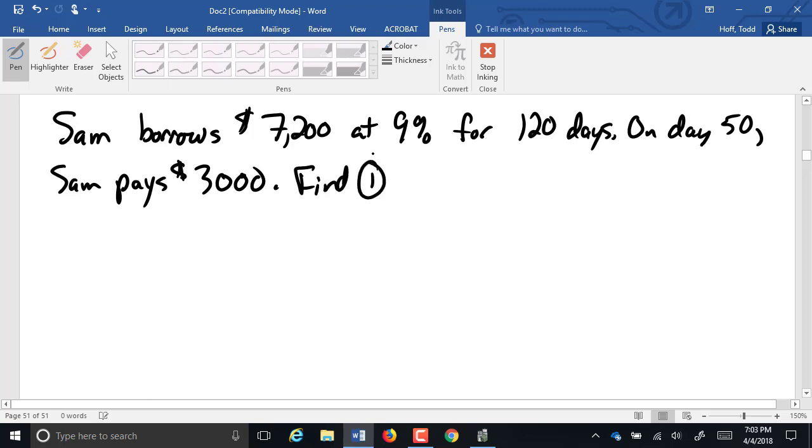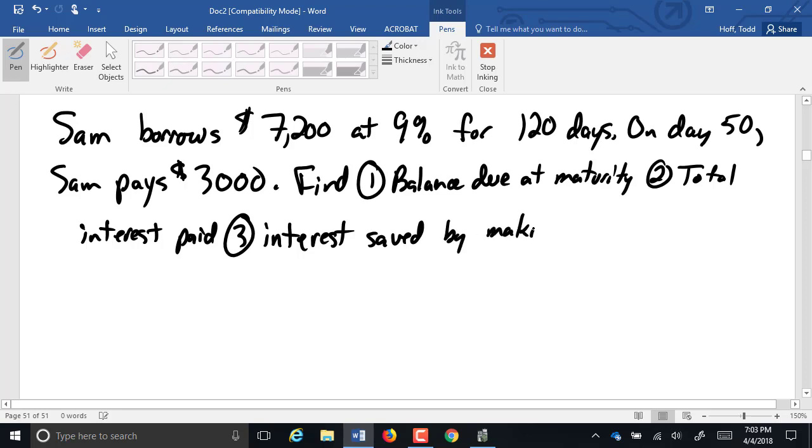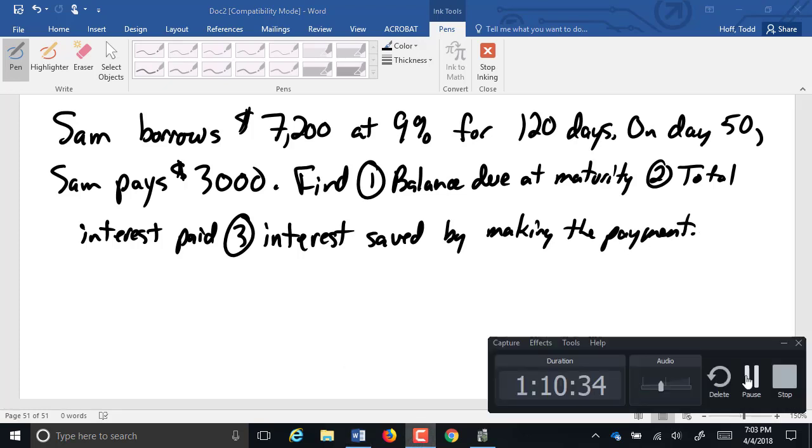Find: 1, the balance due at maturity; 2, the total interest paid; and 3, the interest saved by making that partial payment. I'm going to give you guys a few minutes to try this.